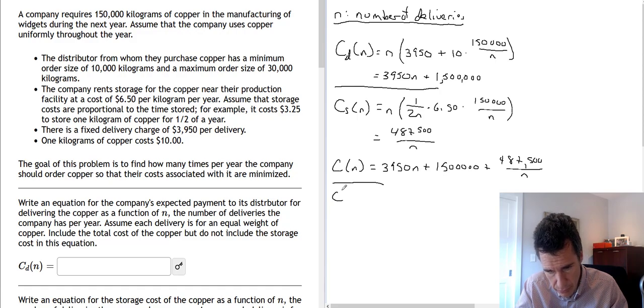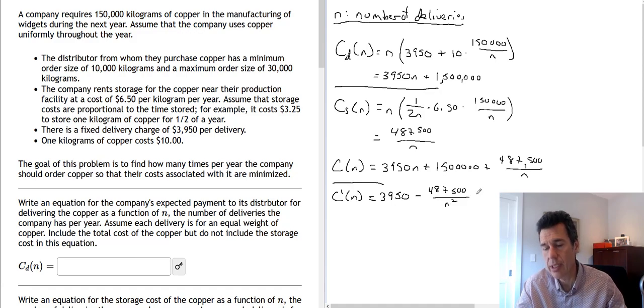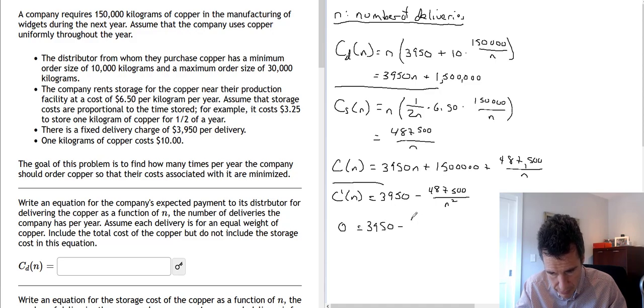Take a derivative, so c prime of n equals 3950. And then this term, we've got an n to the minus 1, so that's going to be minus 487,500 over n squared. To find a critical number, we set it to 0. 0 equals 3950 minus 487,500 divided by n squared.